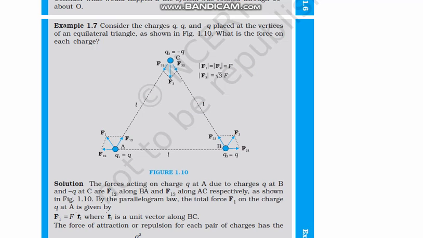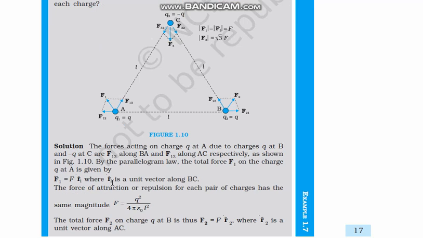So let us understand what they have written. Solution: the forces acting on charge q at A, due to charges B and C. At C it is minus q, are F12, because of this, and F13 because of this, respectively, as shown in figure 1.10. By parallelogram law we have calculated this F1 on the charge. So here we can see that F1 was F, simply magnitude was F, only thing remaining was the direction, which was, let us say, unit vector R1.